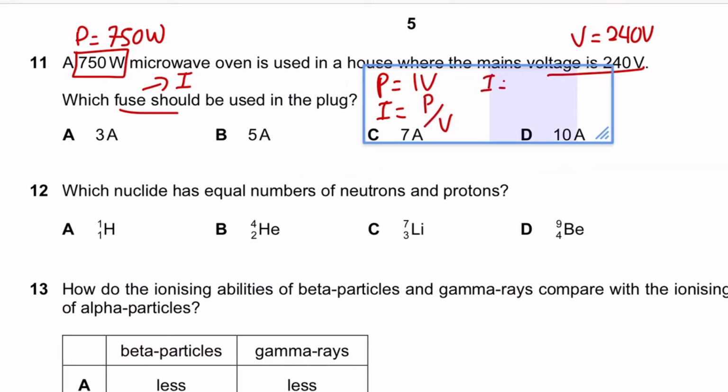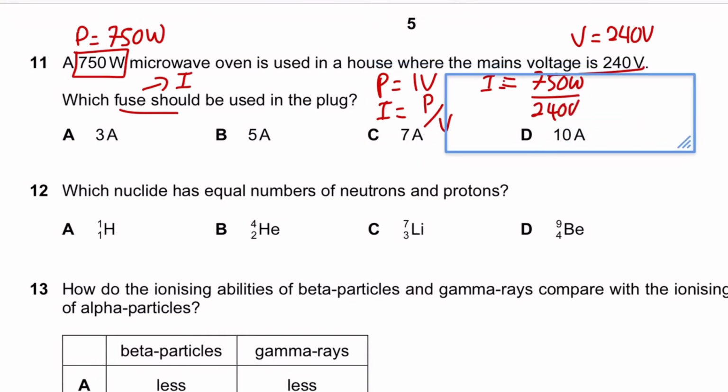There we can substitute the P and V, which is 750 watts divided by 240 volts. With the use of a calculator, you'll be able to obtain the value of current. Okay, I got 3.125 amps.